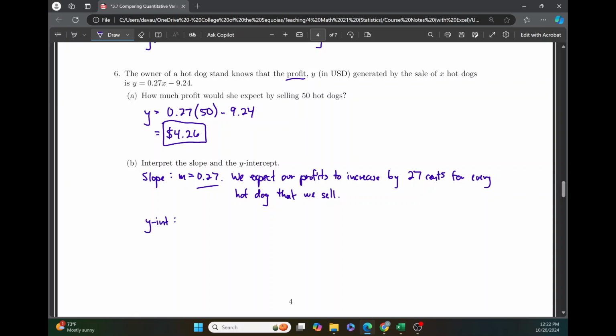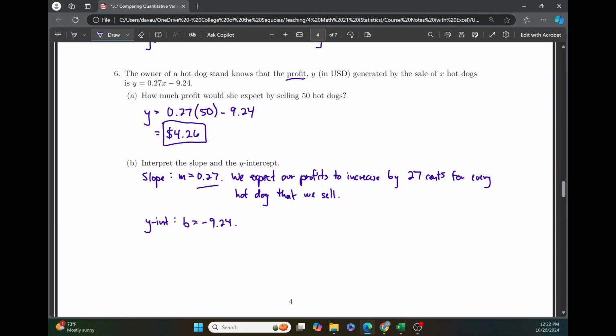Okay, the y-intercept here is negative 9.24. What this would mean is, remember the y-intercept is what you get when you plug in 0 for x. Okay? So if you plug in 0 for x here, of course you're just going to get negative 9.24.